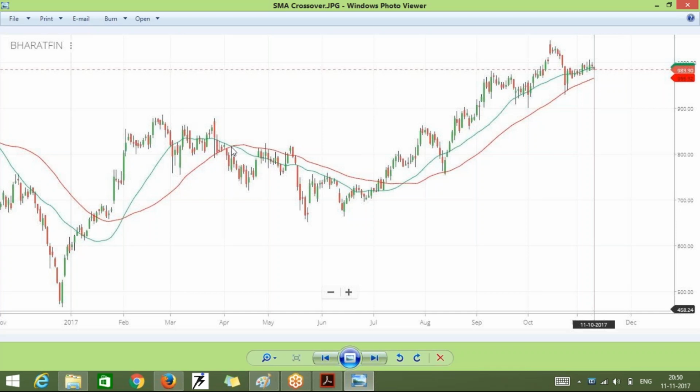Here a sell signal is given at this candle itself, and it went down to this level. Again at this point also, SMA gave a buy signal, because the smaller period SMA is greater than the larger period SMA. Again it moved to this level. But if you haven't exited at this point, you could have even lost your money. So this is how it's being traded.